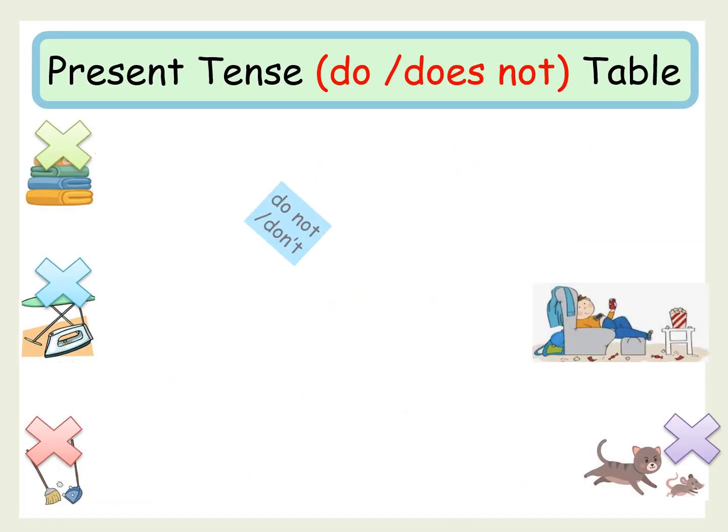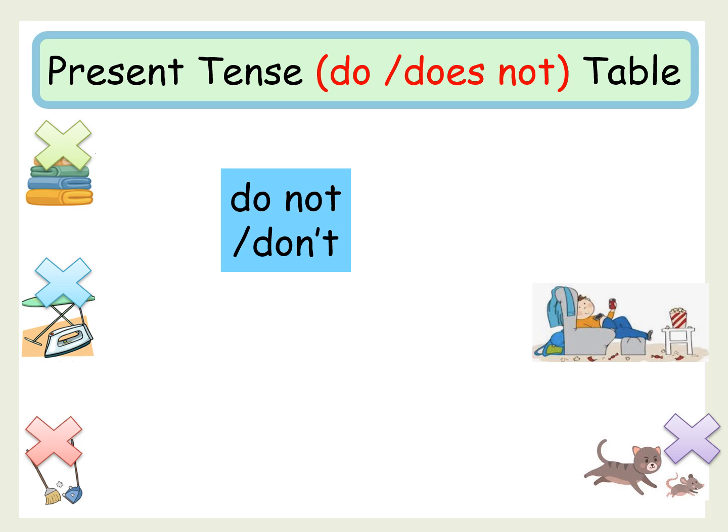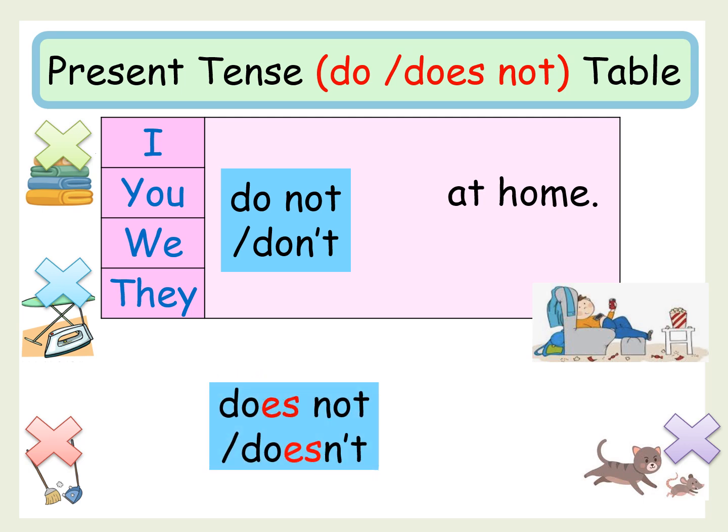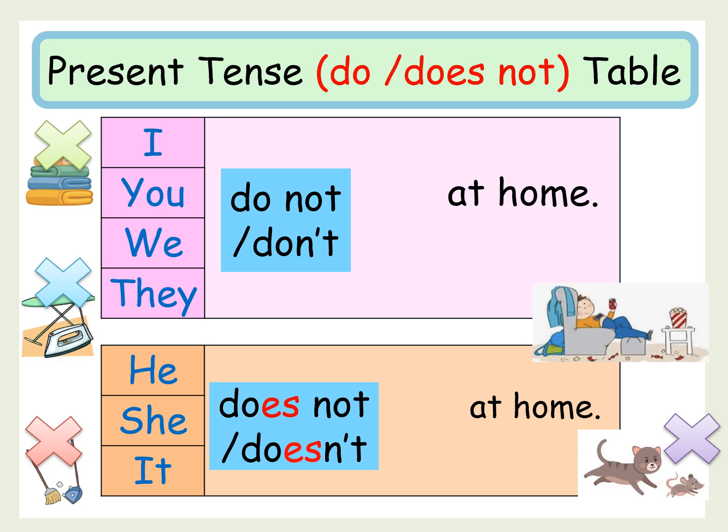For the simple present negative, we use do not or don't after I, you, we, they. We use does not or doesn't after he, she, it. Remember, we use the base forms of the verb after both do not and does not. We don't need to change the form of the verbs after do not and does not.